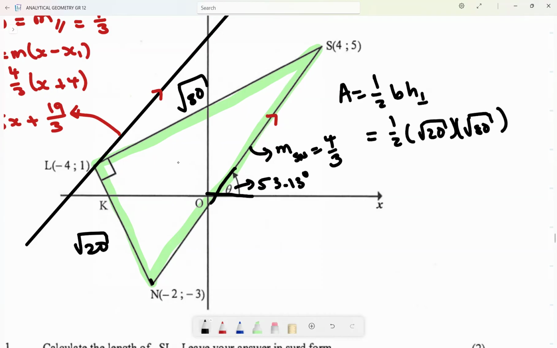Guys, you can use both 2 square root of 5, 4 square root of 5, it's fine. Then it's going to be 0.5 multiplied by square root of 20 multiplied by square root of 80. I get 20. 20 units squared, guys.